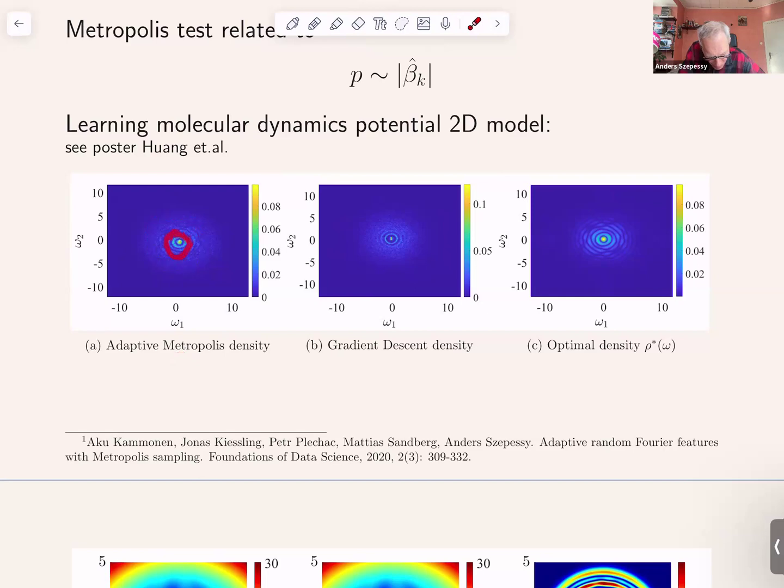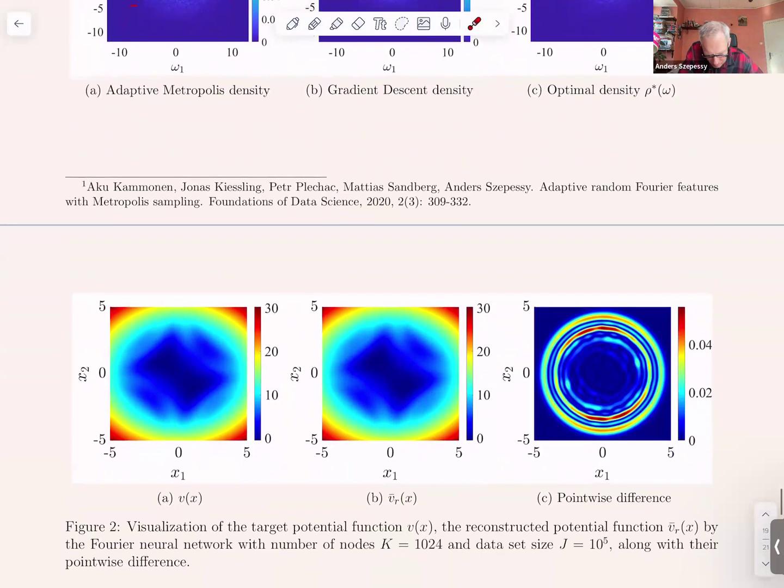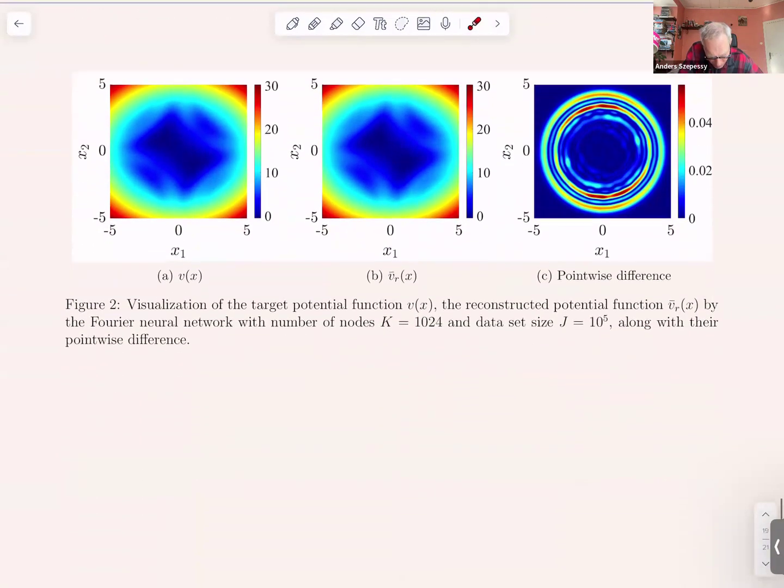It samples most in the center, and then outside it is not important to sample because there are very few paths going out there.